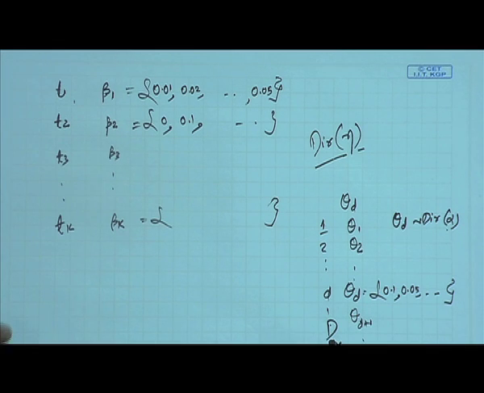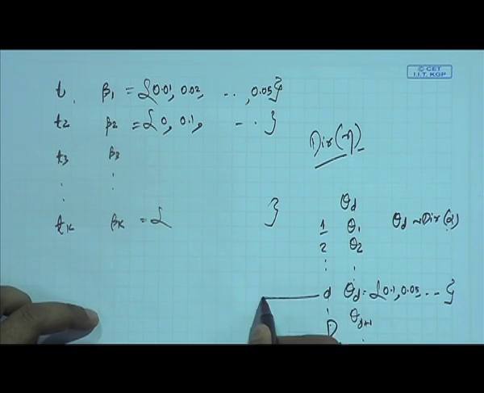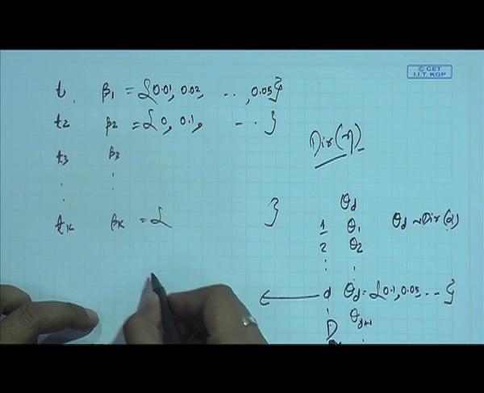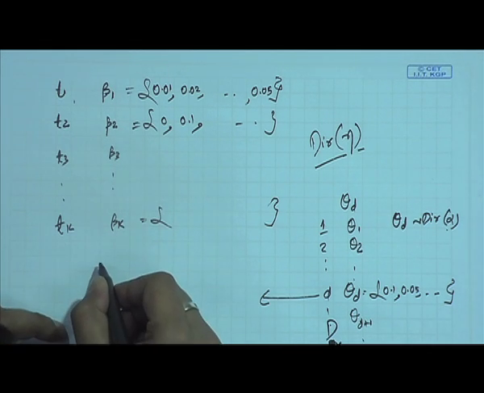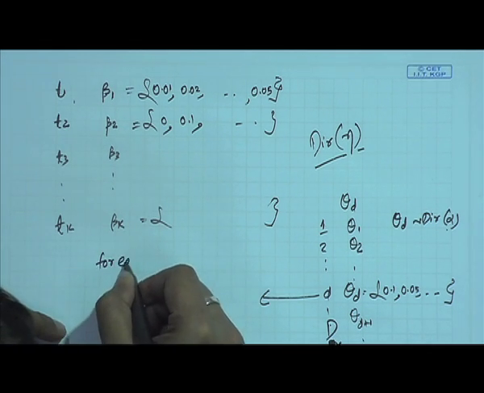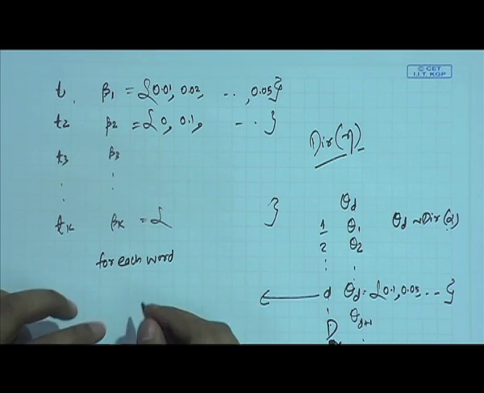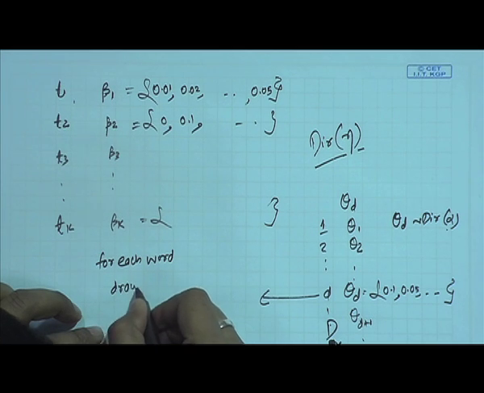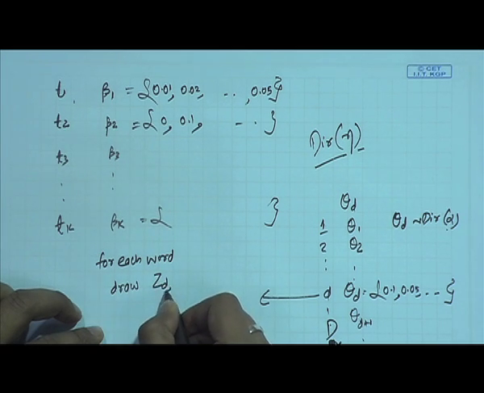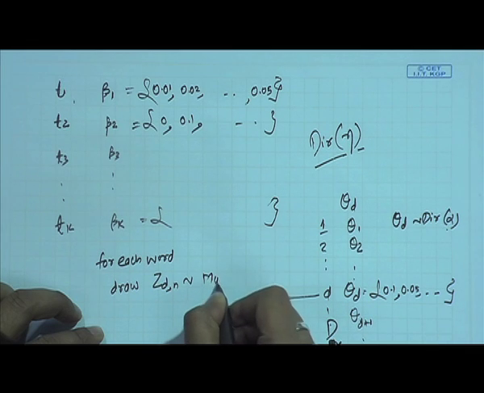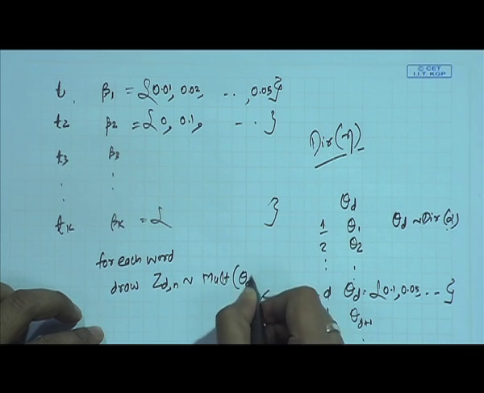Now suppose I am going to this document. Then for each word, how do you generate words? Draw z_dn from a multinomial over theta d.